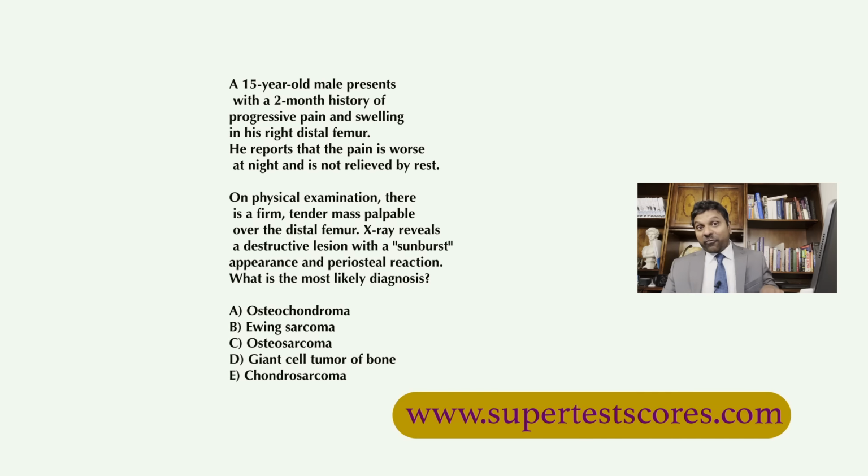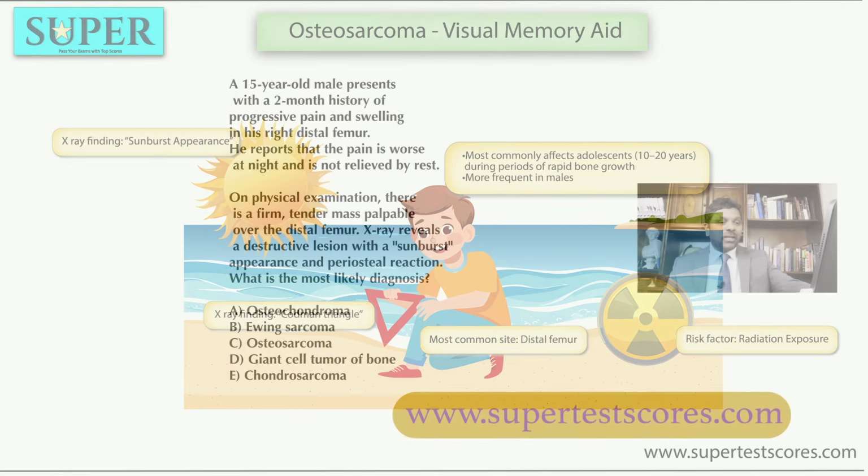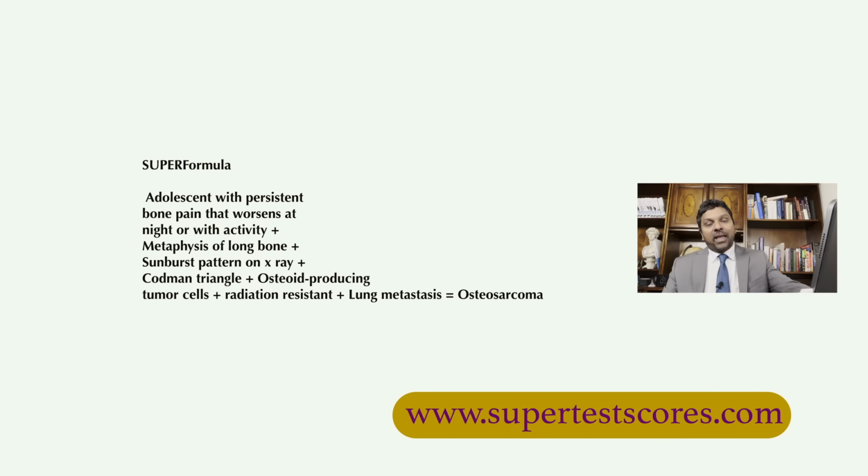So that is the super formula here. Adolescent patient with bone pain not relieved by rest, and osteosarcoma comes in the metaphysis of long bone, sunburst appearance on X-ray, Codman triangle, osteoid producing tumor cells, and it is also radiation resistant. And the most common site of metastasis is lung because it spreads through blood.